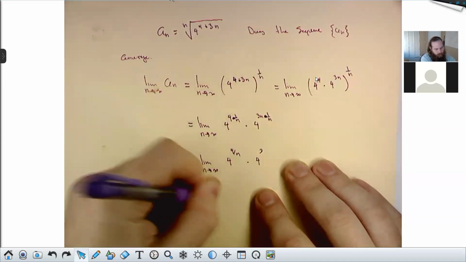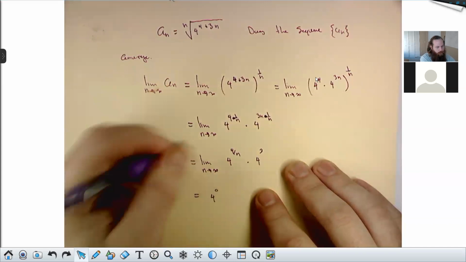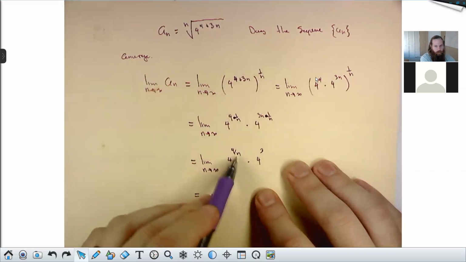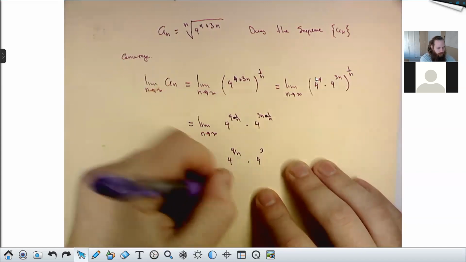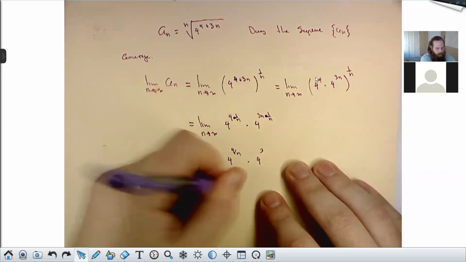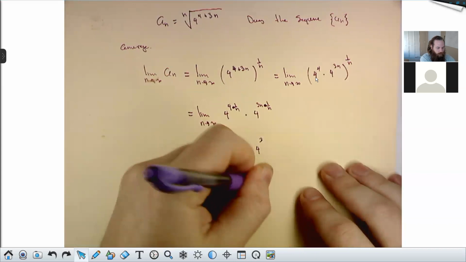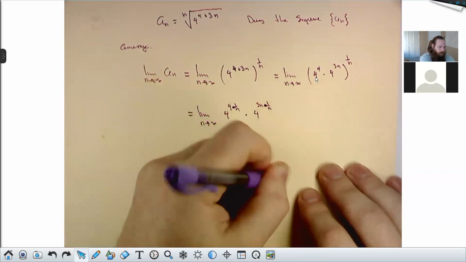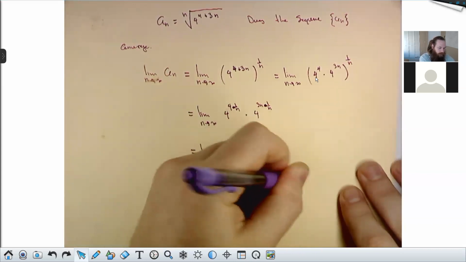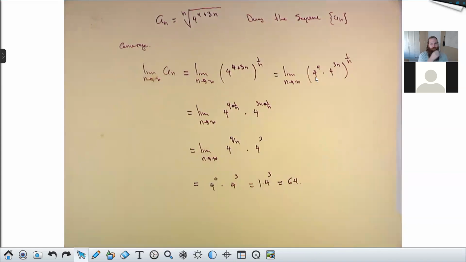So this is 4 raised to the 0, as n goes to infinity, 4 over n goes to 0, times 4 to the 3. And 4 to the 0 is 1, so this is 1 times 4 cubed. 4 cubed is 64.